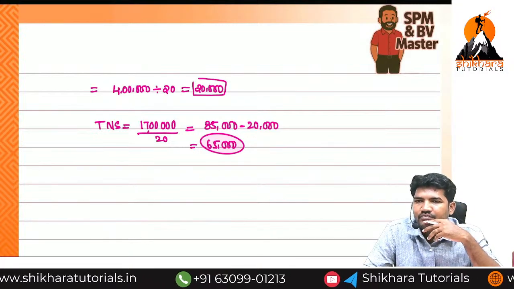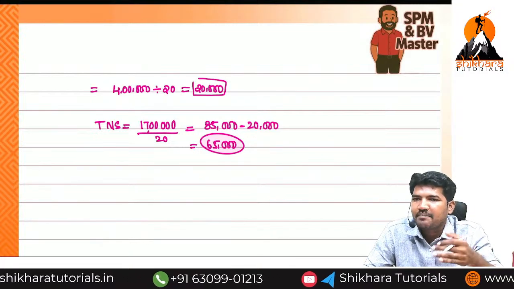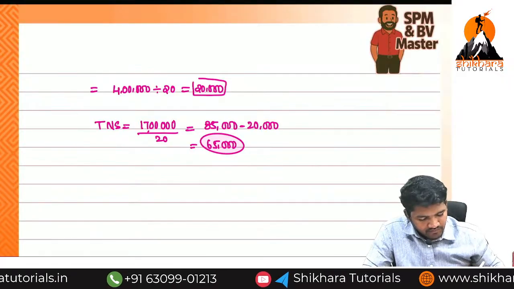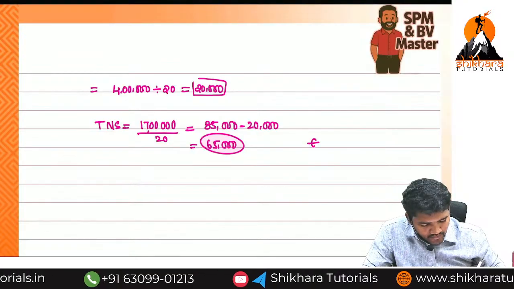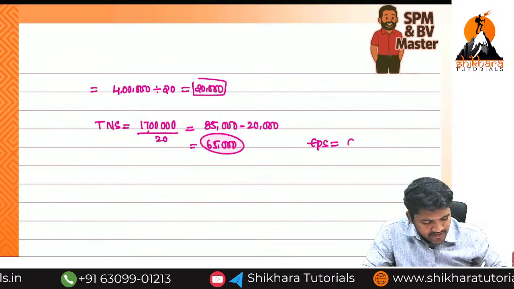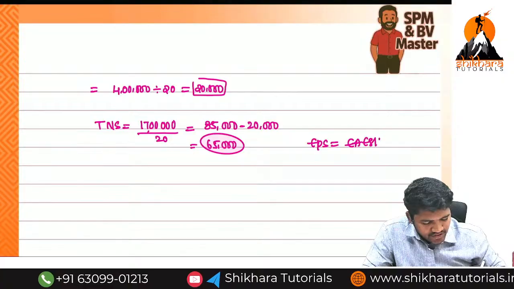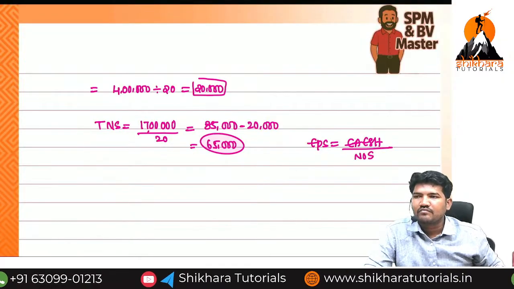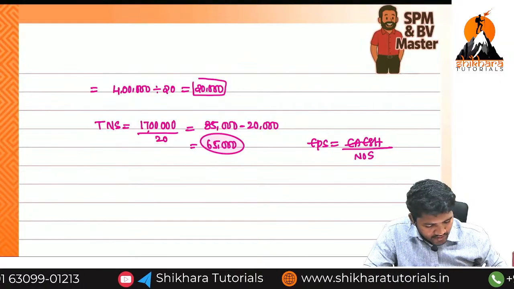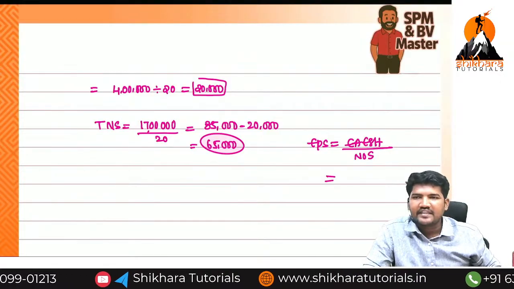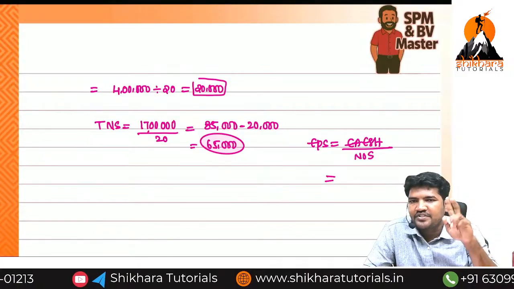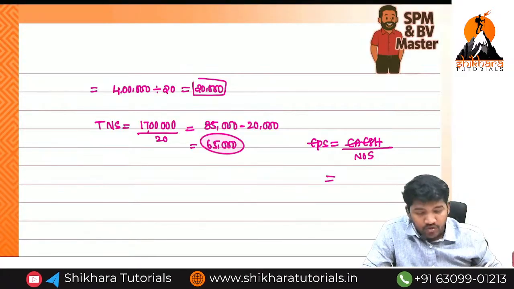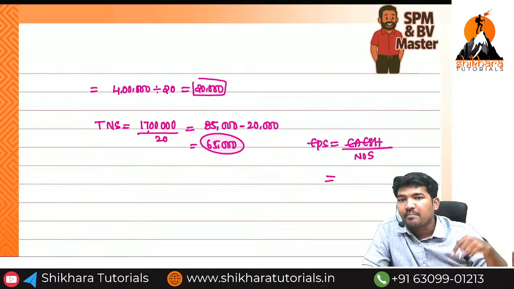Now you have to figure out EPS for these 65,000 shares. If shares are impacted, is EPS impacted or not? Impacted. First find the EPS. How do you get EPS? Earnings for shareholders divided by the number of shares. Now how do you get earnings? It's not given in the question. Per share 2 rupees. How many shares did the company have? Present.